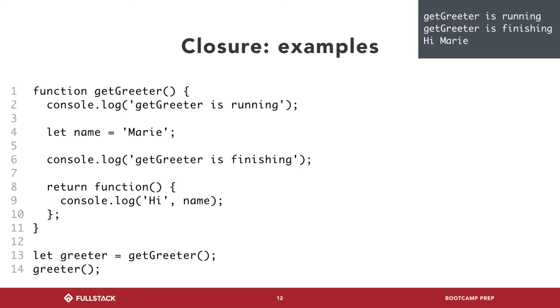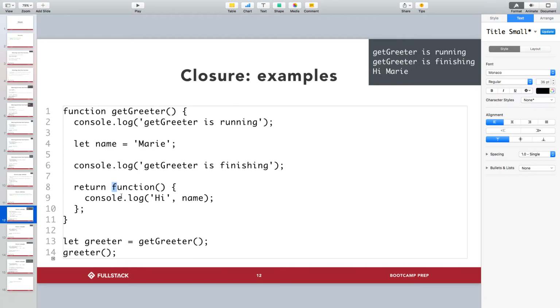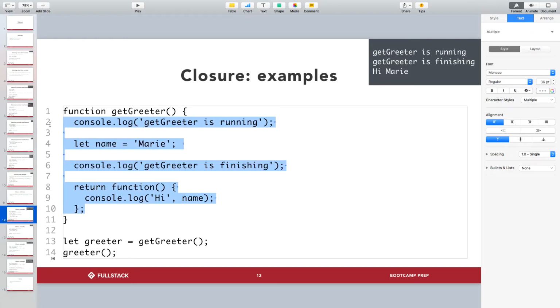The first time I invoke greeter, it will try to invoke this and it'll say, oh, hi, I'm expecting a variable called name. It will look in its own scope, which is this highlighted portion, and say, do I have a variable called name? And the answer is no. So then it'll say, great, let me look in my parent scope. Well, because this function was created within the getGreeter function, its parent is the getGreeter function.